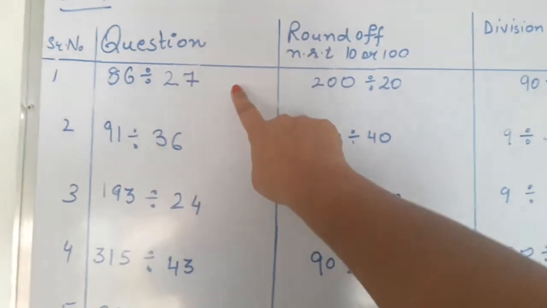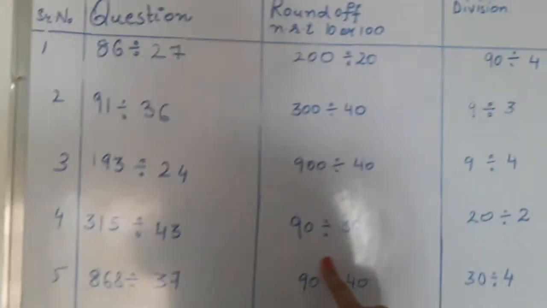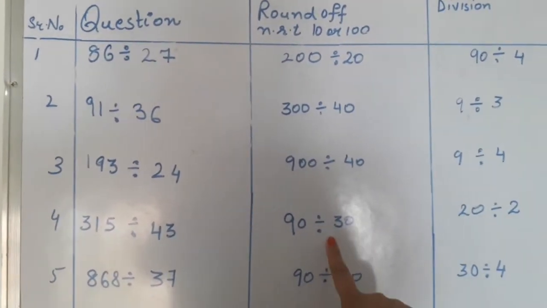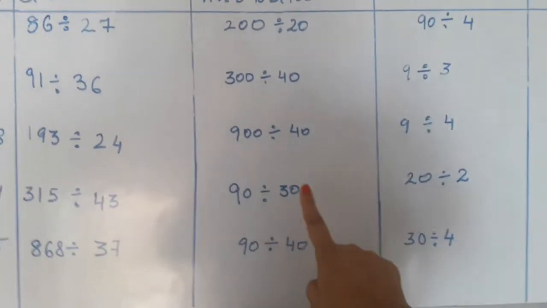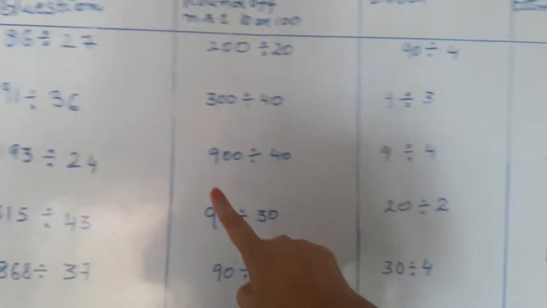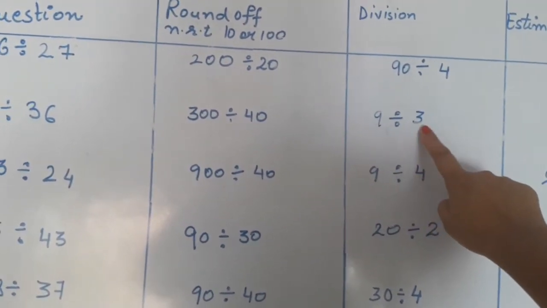Now after rounding off nearest to 10, 86 divided by 27 becomes 90 divided by 30. So this question matches with the one after rounding off nearest to 10, 90 divided by 30. Now you know that 0 cuts with 0, right? So I will be left with 9 divided by 3.